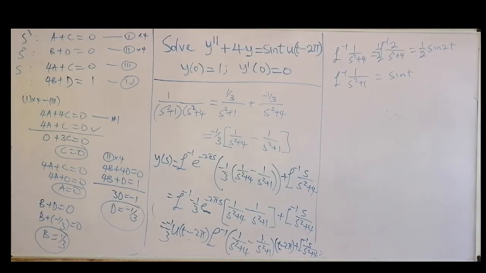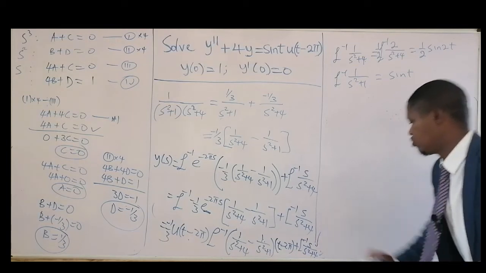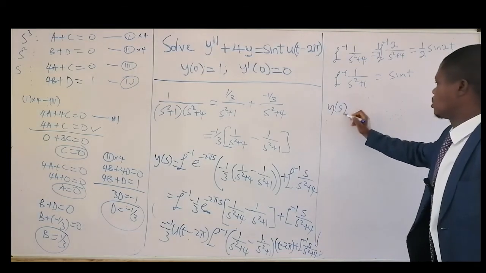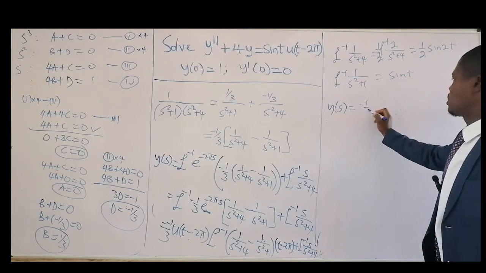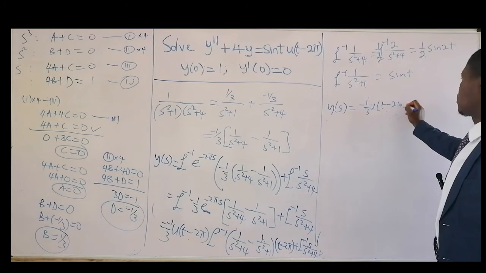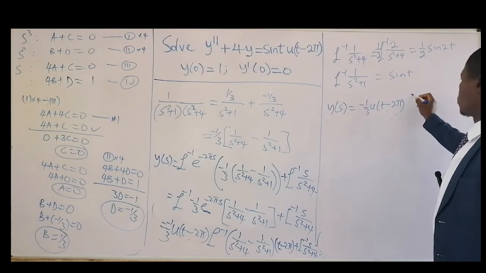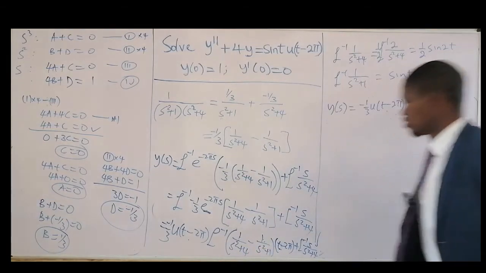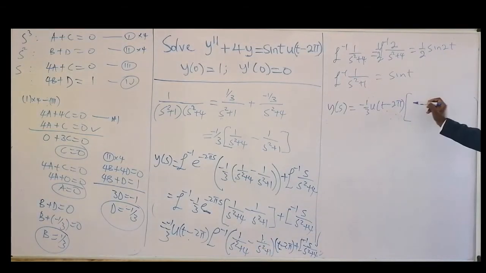So let's now go back to this place and do the substitution there. y equals minus 1 over 3 u of t minus 2 pi. Then you open your brackets. The inverse of this is half sine 2t; anywhere you see t, you put t minus 2 pi there.